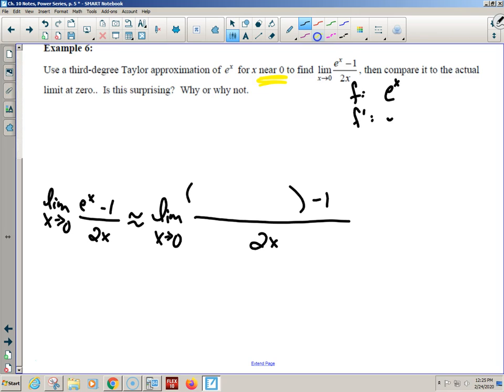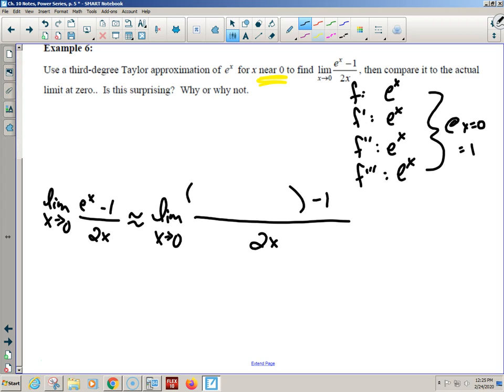Although I guess it's a little silly, because what's true? Do we mind e to the x? Not at all. Because what's going to be true about every single one of these derivatives at x equals 0? It's just going to be e to the 0, which is 1.